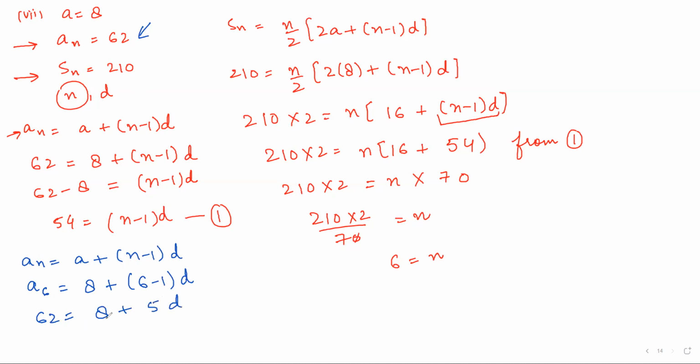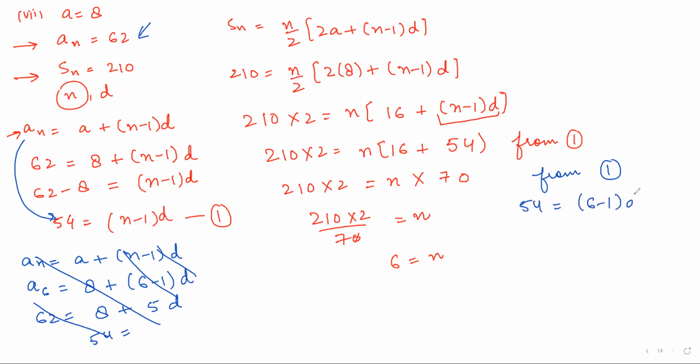So 62 minus 8 is again 54, is equal to, or I could have used the equation number 1 directly, isn't it? No need of going back to it. And I know I want to find d. So from 1 you can find it directly, because it's the same thing I'm doing, right? I'm arriving here ultimately. So 54 is equal to n I know, so 6 minus 1 into d.